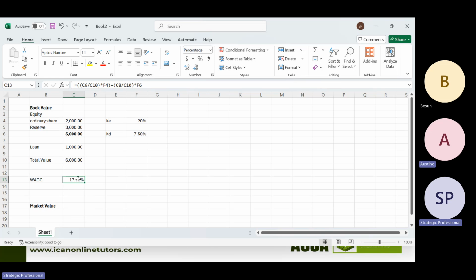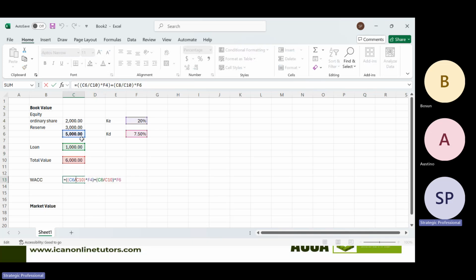So let's move on. Based on the WACC formula, I believe you know the WACC formula, right? So based on the WACC formula, we are meant to multiply what?